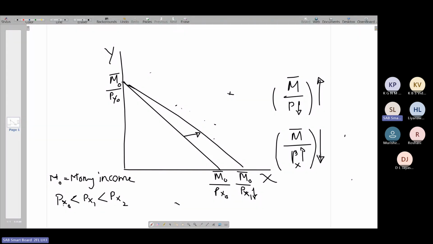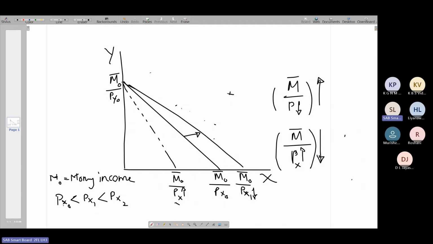So he can move to a higher level of satisfaction as a result, because if there is a decline in the price, he can consume more. Consuming more means he definitely goes to a higher level of satisfaction, because the other axis product Y may remain unchanged, or it can also be fixed. If there is an increase in the price, what happens? The money income does not change, but the price of X increases from PX0 to PX1.